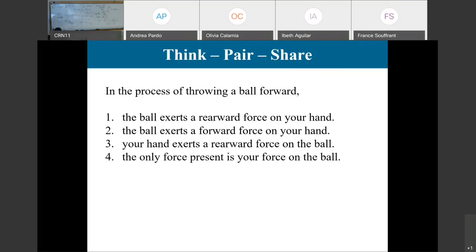Or the best example is if you ever go to a shooting range, right? If you shoot, you recoil, your hand recoils. That's action reaction there. Later on, we're going to talk about conservation laws, and there's something called conservation of momentum, but it also gets applied in here, in the action reaction of forces. All right?